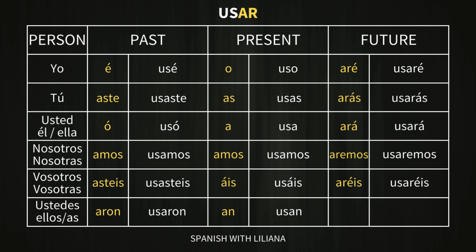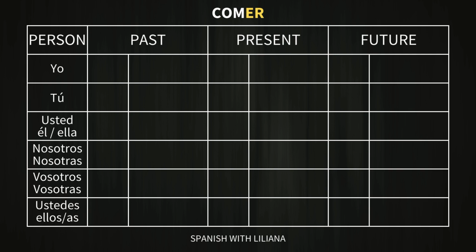For ustedes, ellos, and ellas, we'll replace AR with arán. And so the future becomes usarán. So you can use the endings with any regular AR verbs. And just by switching the AR on the verb with any of these endings will give you the correct conjugation for the pronoun.